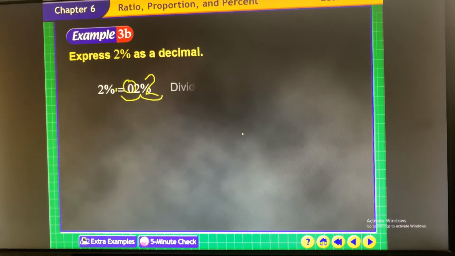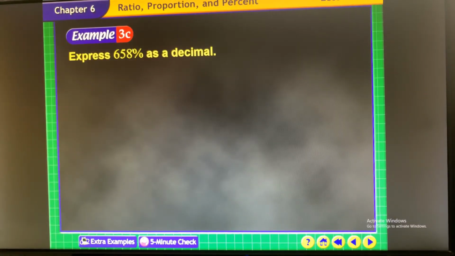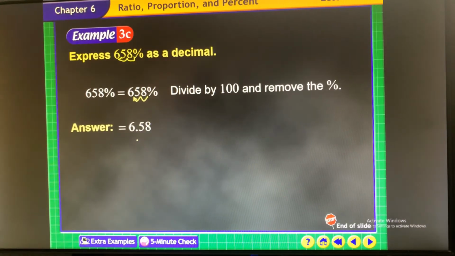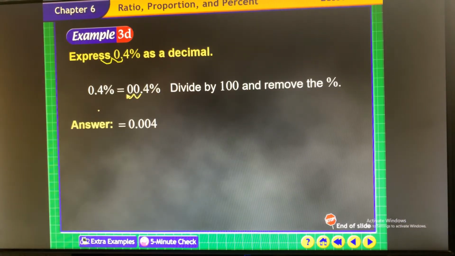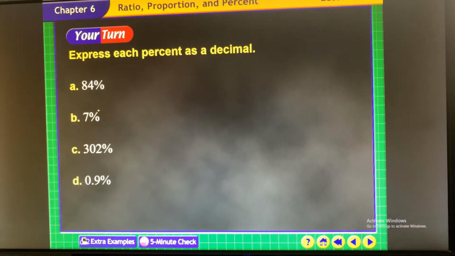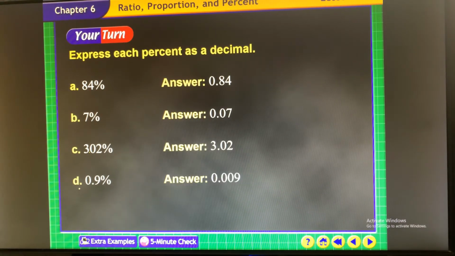And there you go. 2 places to the left, 6 58/100. 2 places to the left, before thousandths. 2 places to the left, 84/100. 2 places to the left, 700. 2 places to the left, 3 and 2/100ths, 2 places to the left, 9/1000ths.